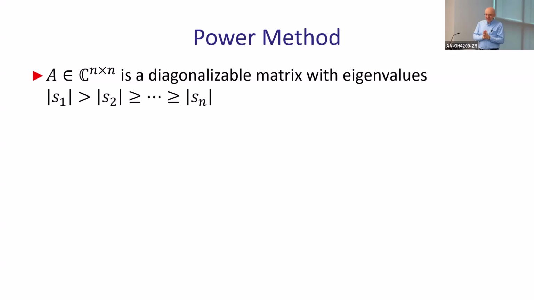And I will also assume that it is bigger than all of the rest, which means you don't have two equal biggest eigenvalues, which is, again, most of the cases. Sometimes you have two eigenvalues which are the biggest ones and the same, but this is rare. So this is the method which will work where you have one biggest eigenvalue, the absolute value of which will be the biggest.